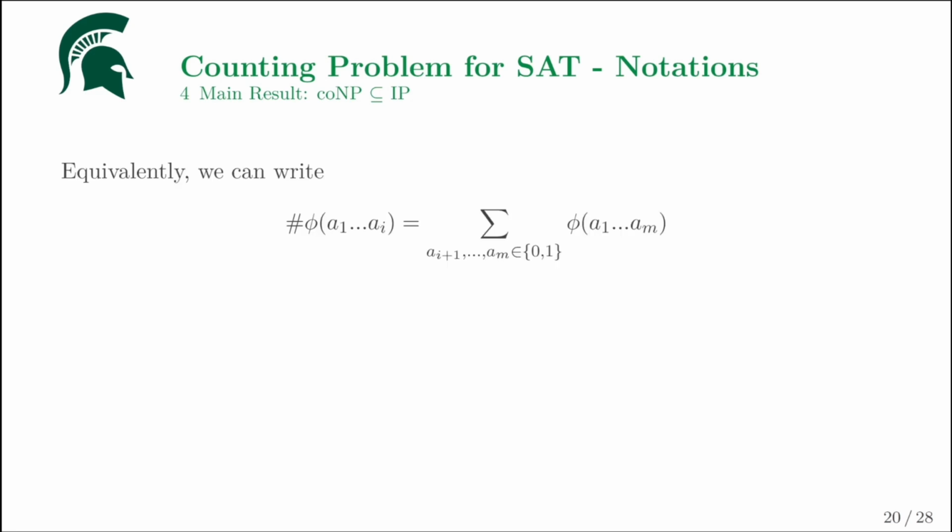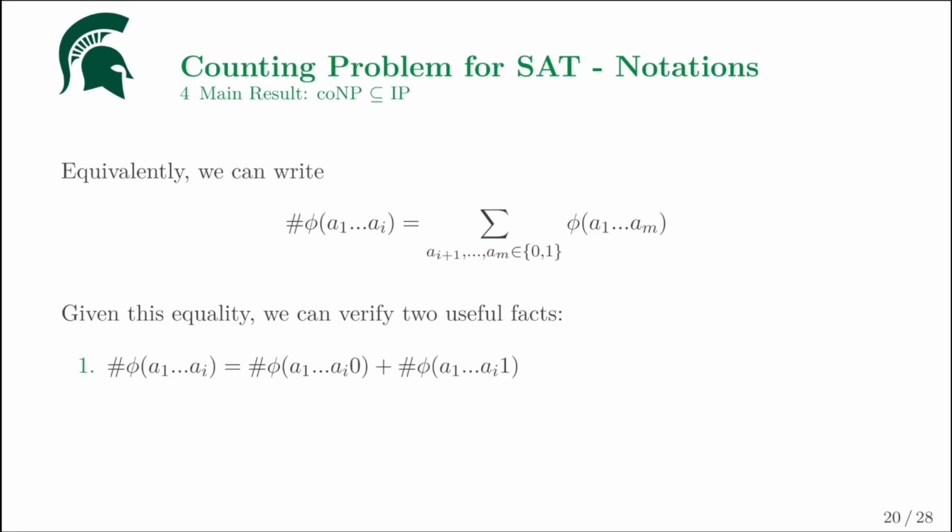Using 0 for false and 1 for true, it is easy to observe that once the first i variables of phi are fixed, the number of satisfying assignments equals the sum of phi's truth values over all 2 to the m minus i ways to assign the remaining variables. This equality gives rise to two useful identities that we use later.